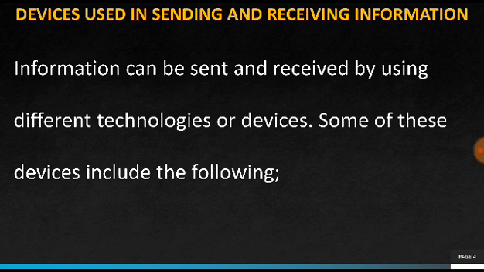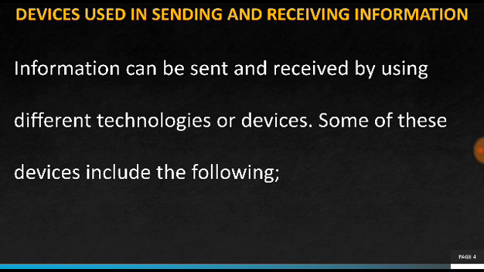Now, when we talk of information, as we said last week, information is anything told or whatever we hear from our friends. At times, we use some devices to listen to news or to watch news. We also have some devices that can be used to make calls or contact our friends outside our homes or even outside our town or country.